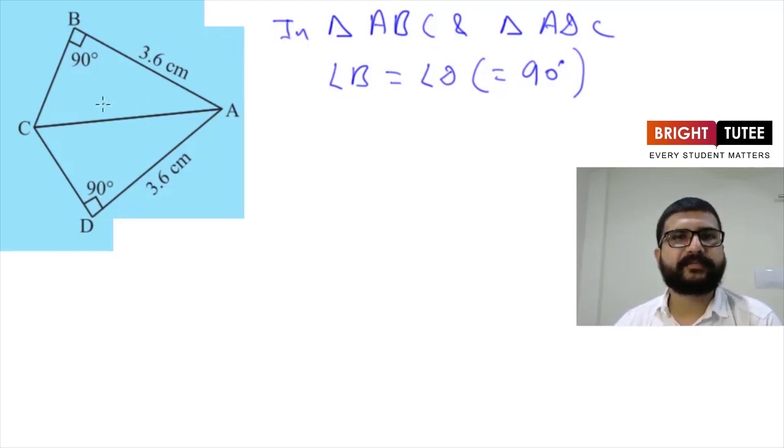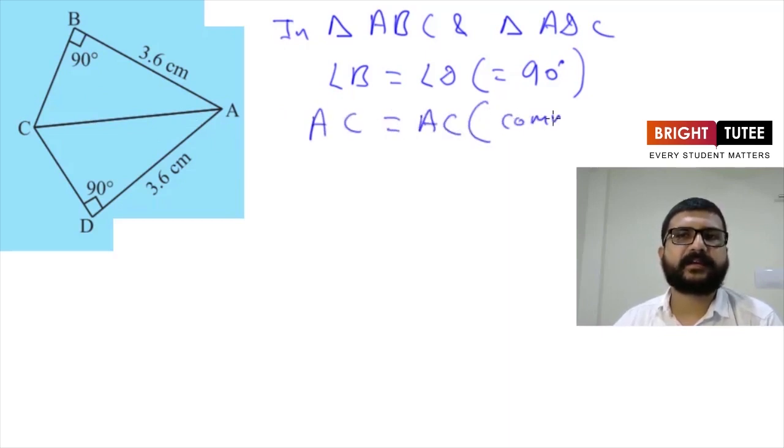Now what else do we have? We have AC is equal to AC, as it is a common side and it is the hypotenuse for both the triangles. We have one of the side lengths as 3.6 in triangle ABC, which is AB, and in triangle ADC also one of the side lengths is 3.6 centimeters, and that is AD.